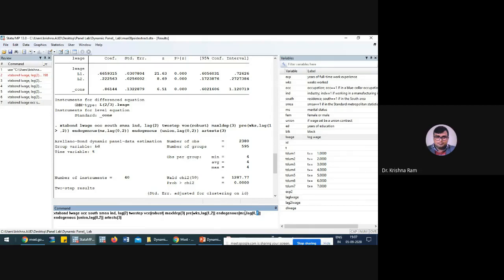So in this particular case, the two instruments are MS it minus 1 and MS it minus 2. Similarly, in the union case, union is endogenous here. Level values of union are endogenous, and the current value of union is endogenous. That's why it is 0 here. And 2 means two lag values of union are used as instruments for the union variable.